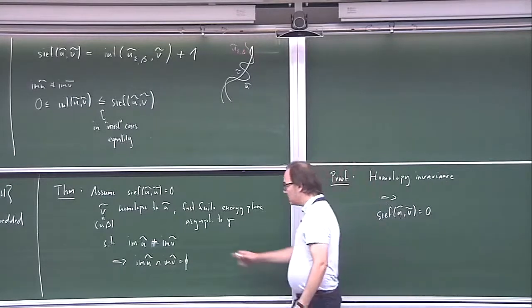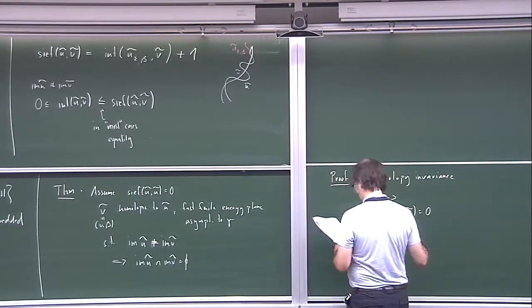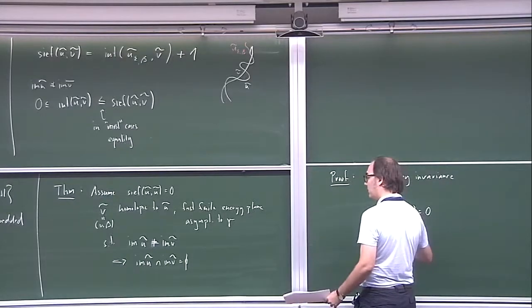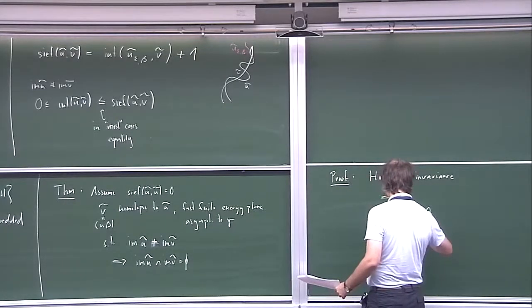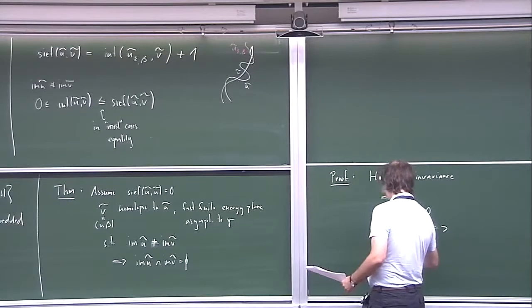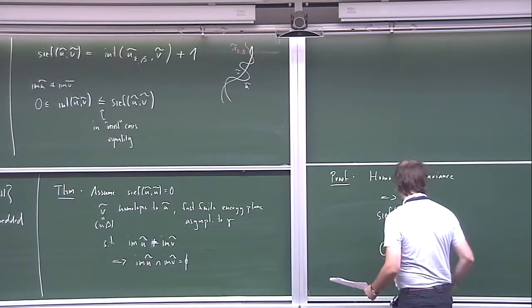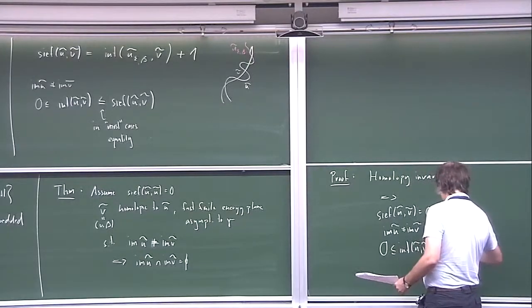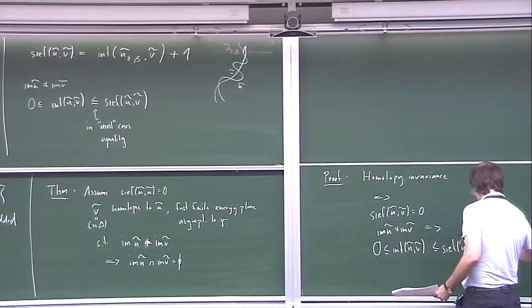And because of this assumption, we also have the algebraic intersection number. Because image ũ is different from image ṽ, this implies that 0 is less than or equal to the algebraic intersection number of ũ with ṽ, which is less than or equal to the Siefring intersection number of ũ with ṽ, which is 0.